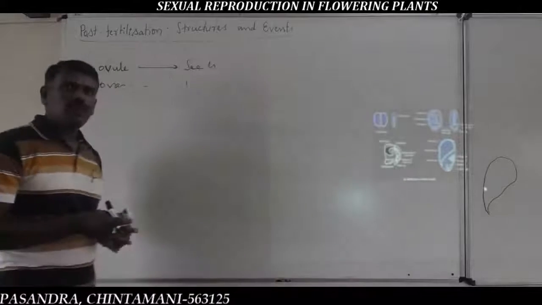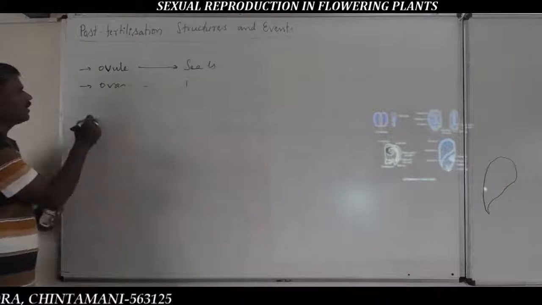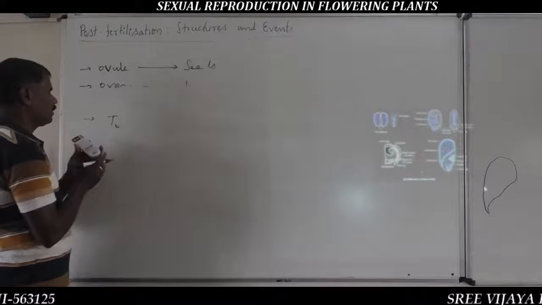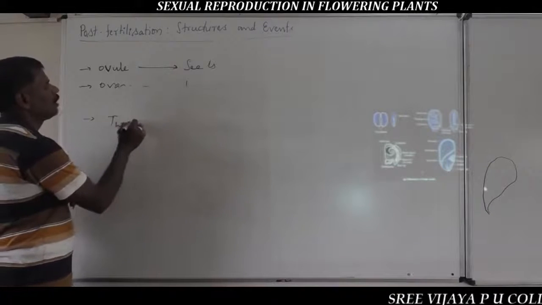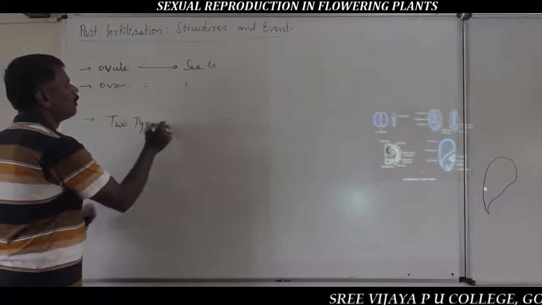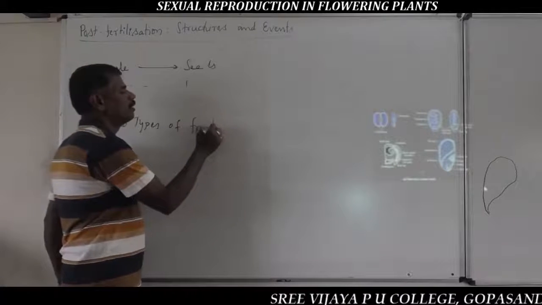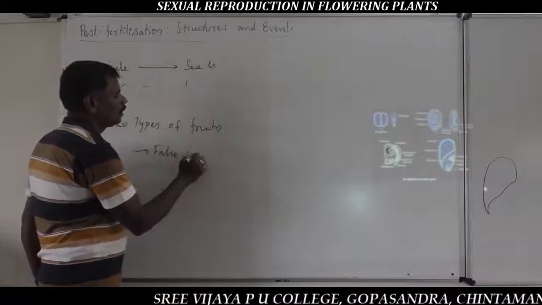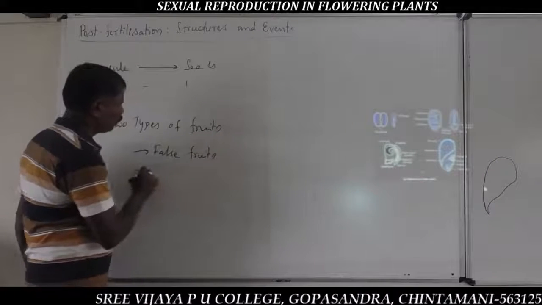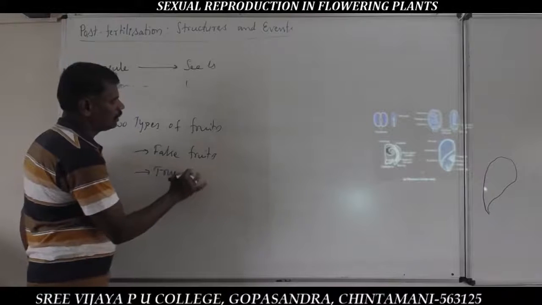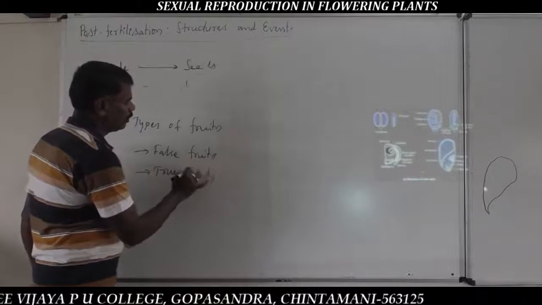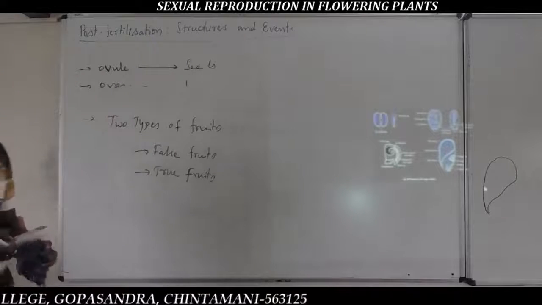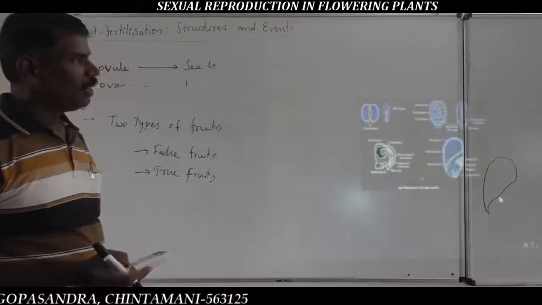Fruits are basically divided into two types: false fruits and true fruits.